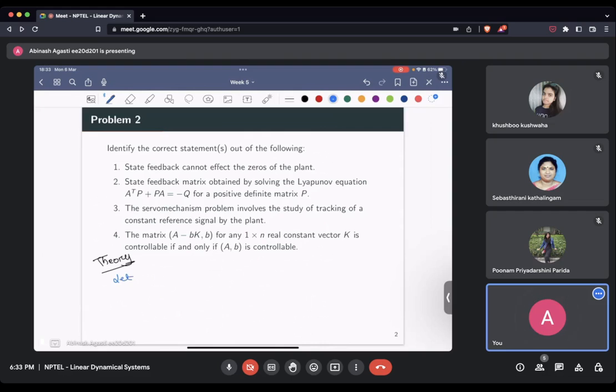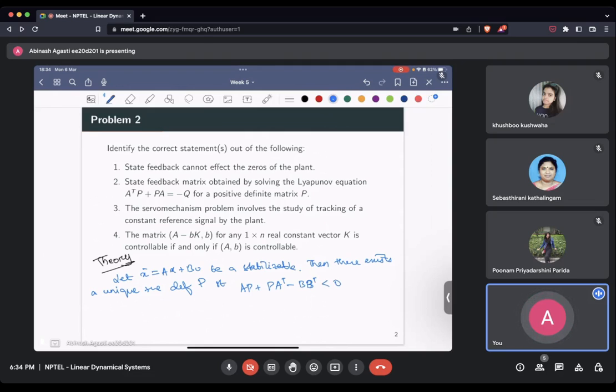Let x dot equal to Ax plus Bu be a stabilizable system. Then there exists a unique positive definite matrix P such that AP plus PA transpose minus BB transpose is strictly less than 0.